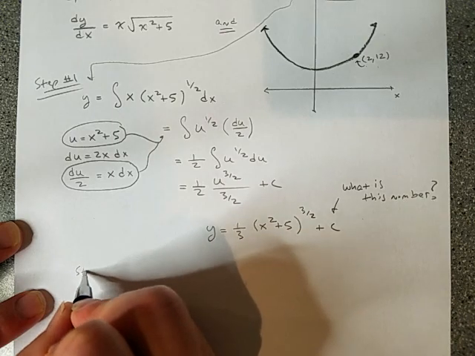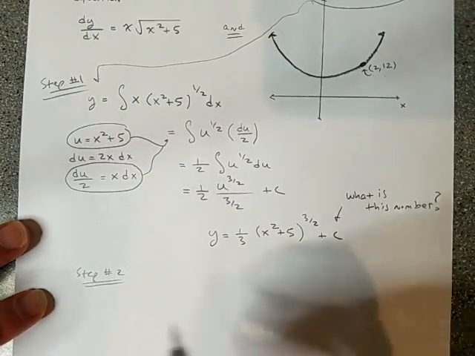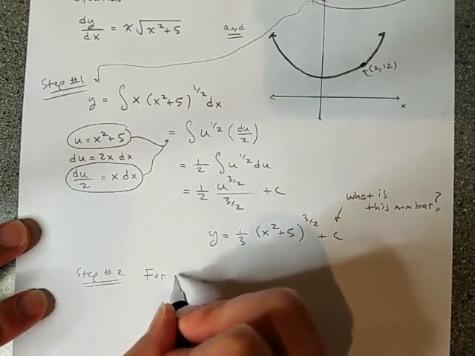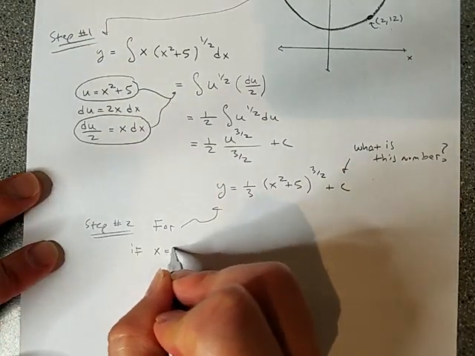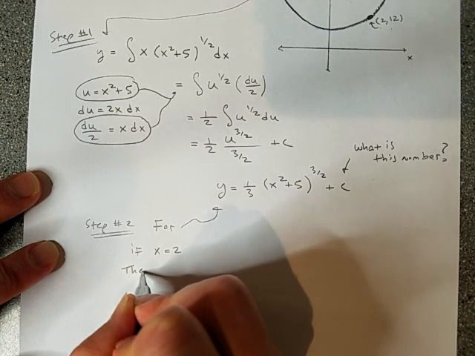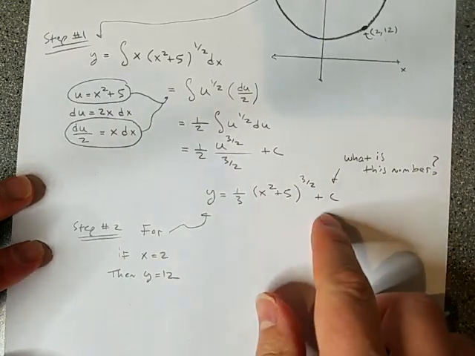So for step 2, for that function right there, if x is 2, then y will have to be 12. We can use that to find c.